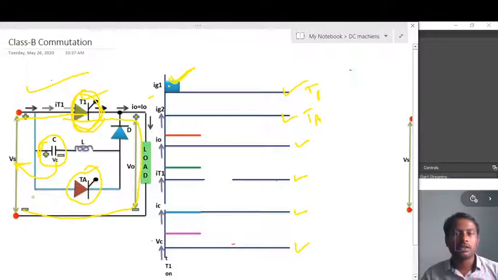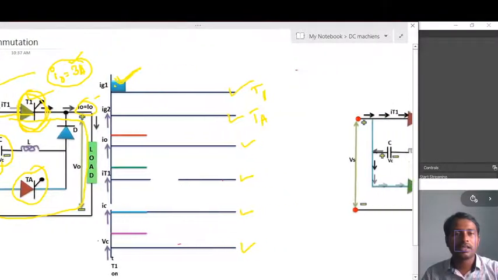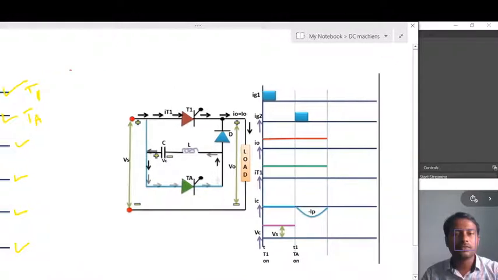This is the output current IA. I am taking the output current IA equal to 3 amps, just for reference, and you can understand it better when I take a numerical example in the next slides.